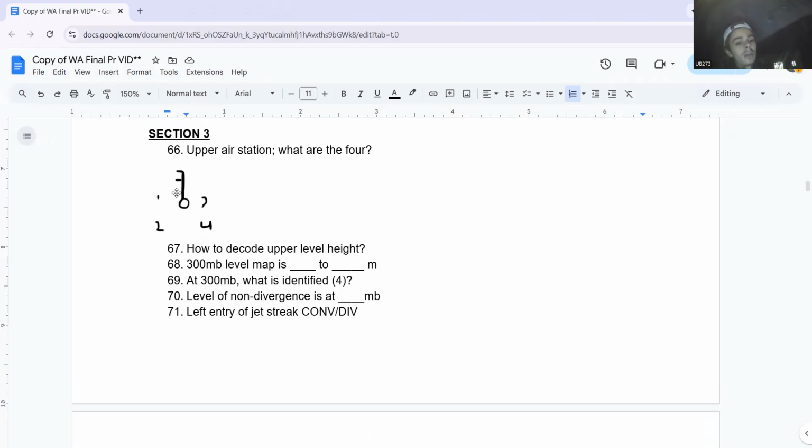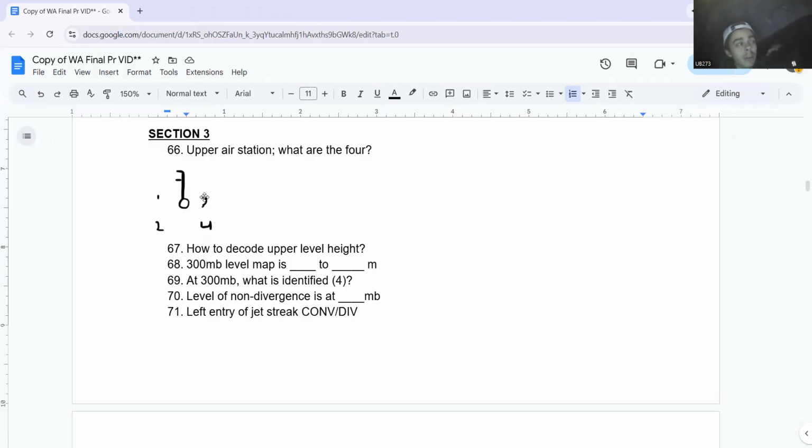And then this, to the top left, is going to be temperature given in degrees Celsius, important. This 2 is dew point depression. This 3 is the geopotential height, which is going to be 3 numbers, and you will add a 0 to the end. It's in decameters, but to get into just meters, you add a 0 to the end, sometimes even a 1 to the front.